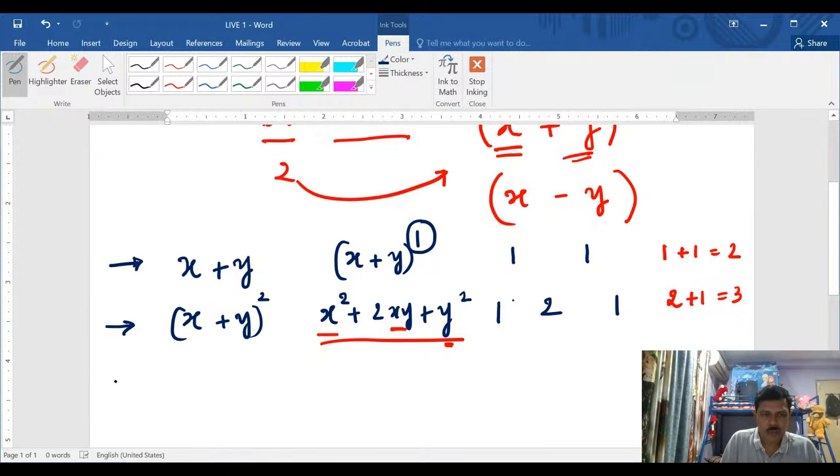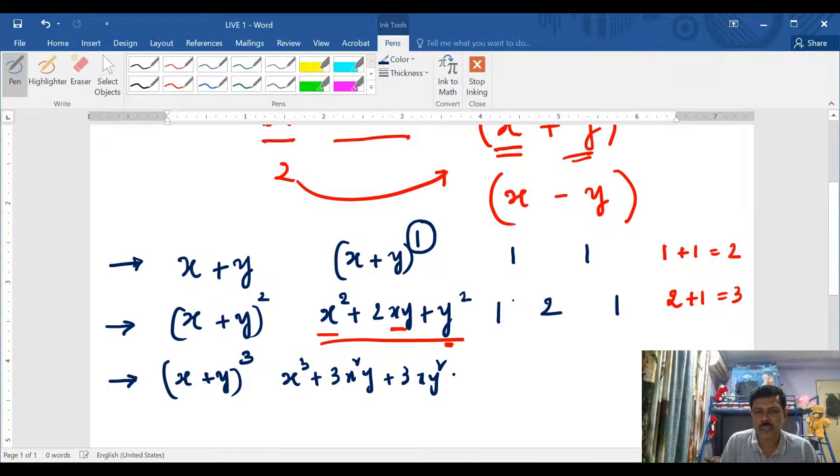Now similarly, we will see another famous expansion of the identity that we have learned. This is x cube plus 3x square y plus 3xy square plus y cube. So what are the coefficients here?